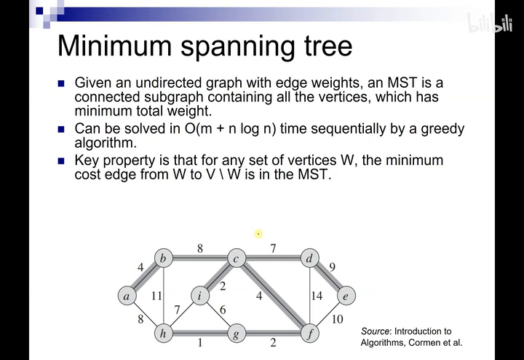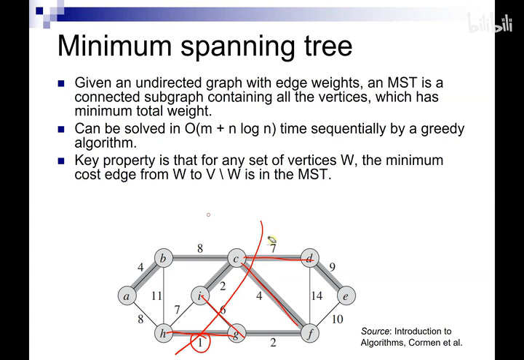For example, if you take W to be this set, then the edges which come out of W and go to other nodes are this edge, this edge, this edge, and then this edge. What this property says is that among these four edges, the minimum cost edge has to be in the MST.